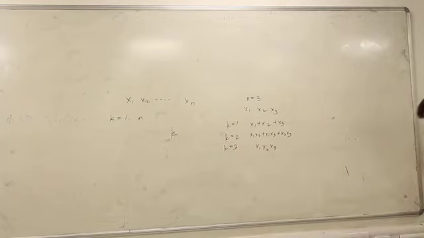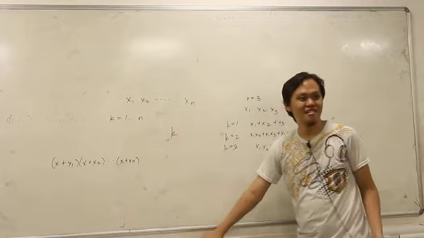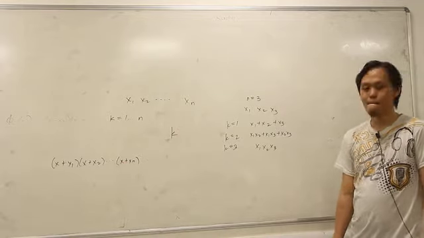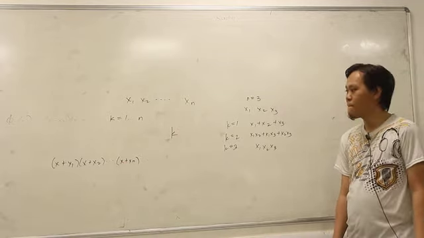So the problem is, given this array, calculate all of these sums of products, mod some prime p. Use the polynomials x plus x1, x plus x2, and then multiply. Just compute this product, and the coefficients of the product give the answers, with k corresponding to the coefficient of x to the n minus k.